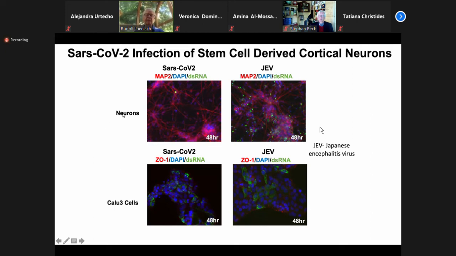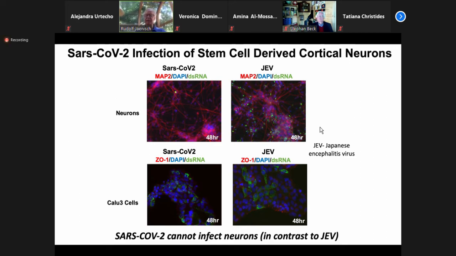But if you expose these neurons to SARS-CoV-2, there's no evidence for virus replication, but it can, of course, replicate in the CALO3 cells. So the conclusion is, really, this virus cannot infect neurons. They're lacking the receptor. So all these serious brain symptoms we see are probably indirect, probably a consequence of some immune-mediated damage. But we don't quite understand this.